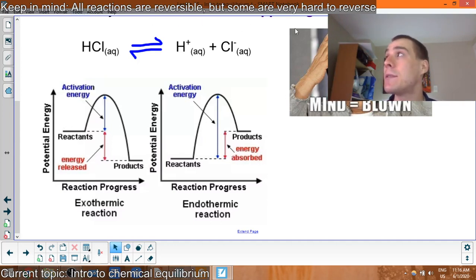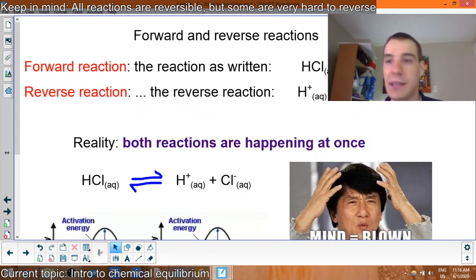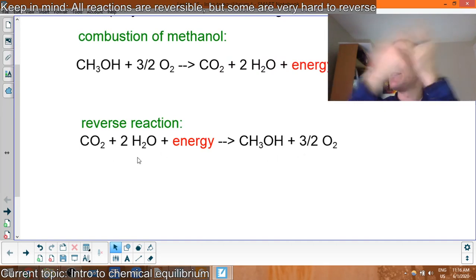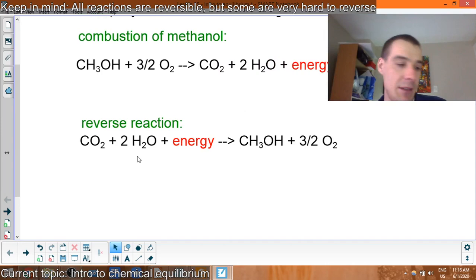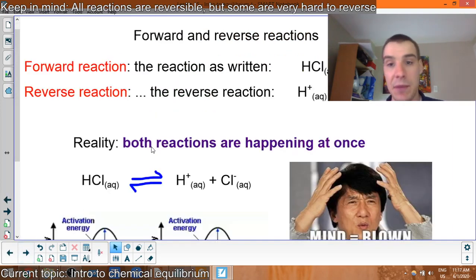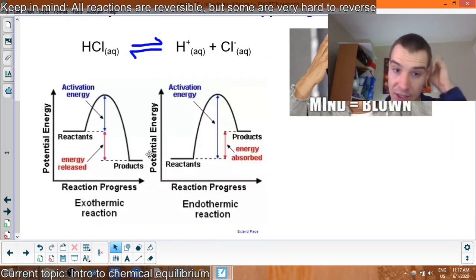All reactions are reversible, but some are very hard to reverse. So it's very unlikely that, for example, CO2 and H2O are just going to bump into each other and make methane. That would be a very, very difficult reaction to do. Meanwhile, the forward reaction is very easy, but theoretically you could set it up where you have a reversed reaction of that.